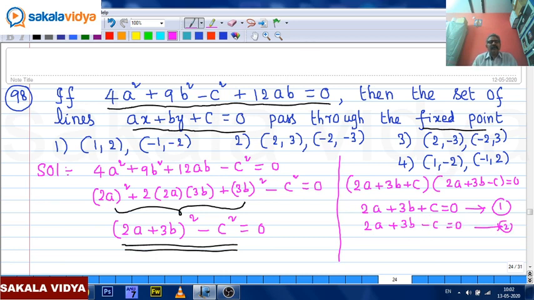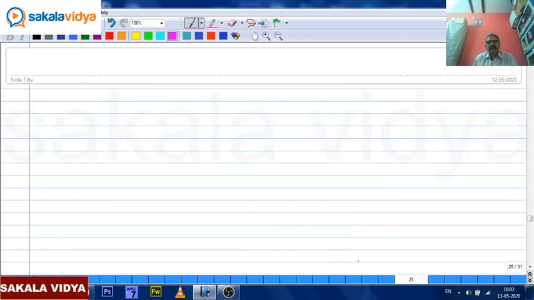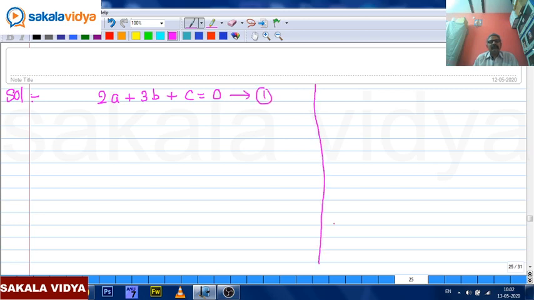Keeping these two conditions, we need to find out a fixed point for this line. 2a plus 3b plus c is equal to 0, one condition. What we have the second condition? 2a plus 3b minus c equals 0.